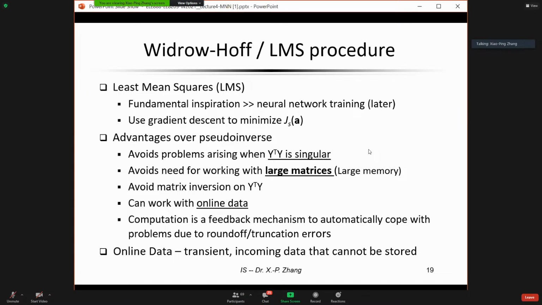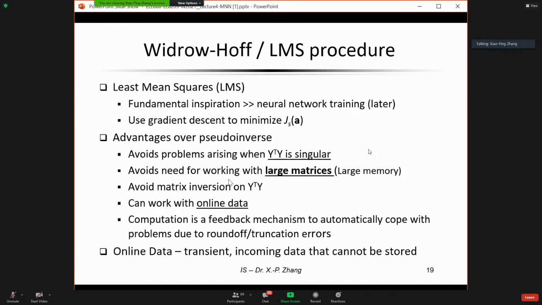So it is gradient based, and the LMS is basically simple. And for learning algorithms, it has this type of advantage. If you use the pseudo inverse, what if that matrix is singular? You cannot find a good pseudo inverse. Also, if that matrix is too large, you need large memory.